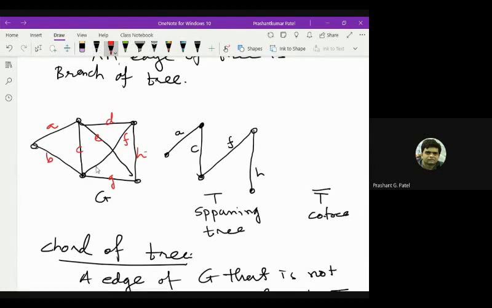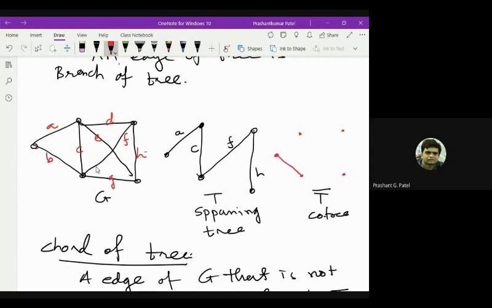So in this graph, this edge is there, but this one is not there. Obviously, the vertices remain the same. The vertices should be the same in T and in T bar. But this edge is here, so this edge is not here, so that comes here.